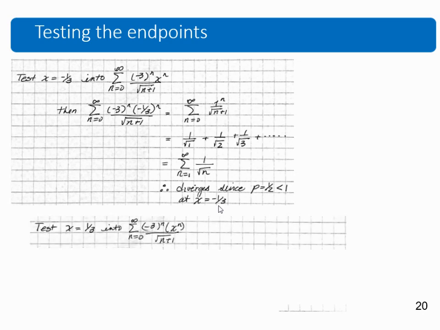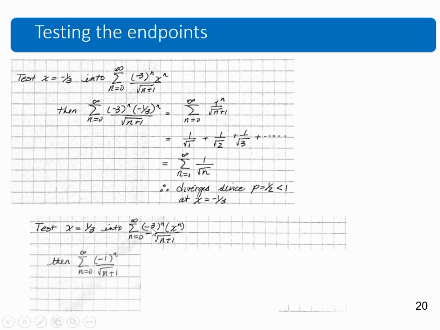Now you need to test the other endpoint, which is x equal to 1/3. And you substitute it in for x, and for x right there. And so then when you multiply 1/3 times -3, you're going to get a -1 to the n divided by square root quantity n plus 1. And that's your new series.